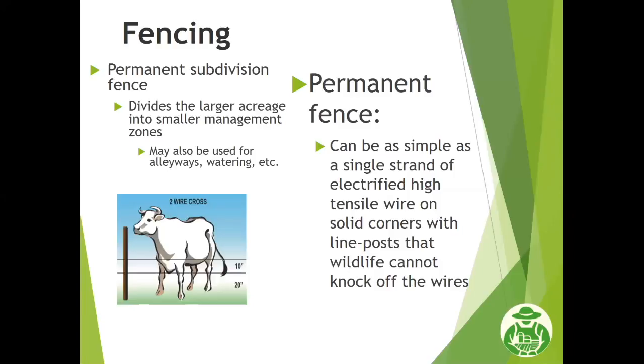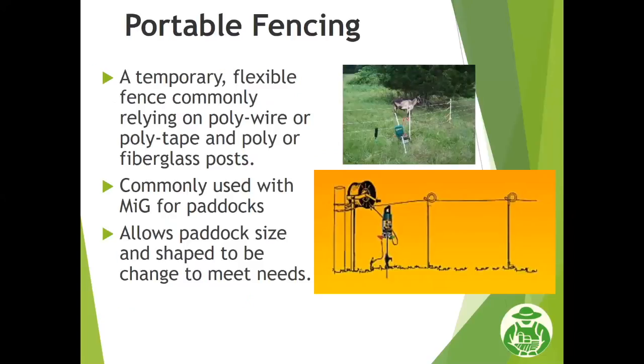There are so many different variations of fencing. They can be a single strand of high tensile electric wire with solid corners or line posts that wildlife cannot knock off the wires, which is a good avenue. We'll talk a little bit more about that.